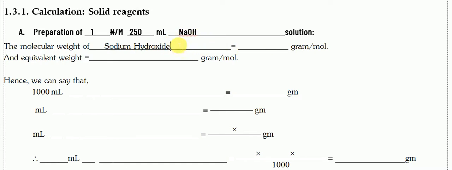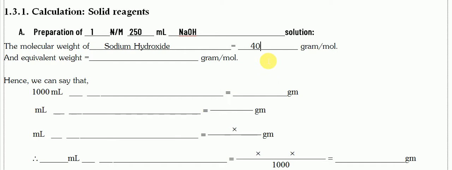And we know that the molecular weight of sodium hydroxide is approximately 40 gram per mole. I should mention that you will find the molecular formula as well as the molecular weight on the container that contains the sodium hydroxide, from which we make the actual solution, and it will provide us with the molecular formula, the molecular weight and the assay value.